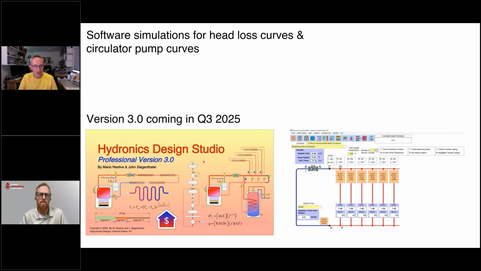Now, after I've said that, there's nothing sacrosanct about 20 degrees Fahrenheit. If you want that circuit to operate at a 15-degree temperature drop, you can make that happen. It's going to require a higher flow rate. If you want that circuit to operate at a 10-degree temperature drop at design load, you can make that happen. So you have to pick, and you might be thinking, well, how do I know?